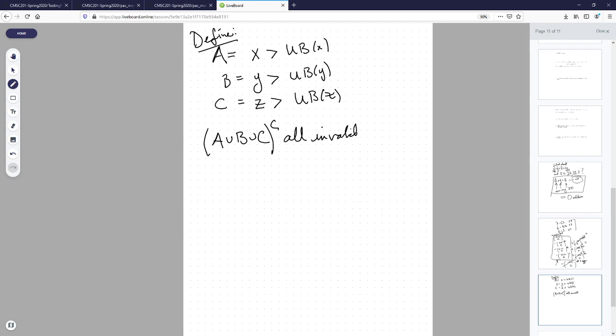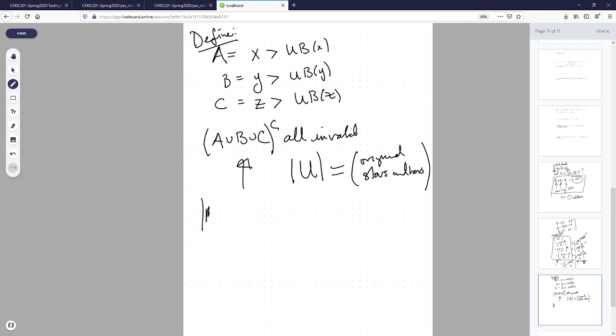So the number of total solutions, the number of things in the universe, is equal to the original stars and bars. And so what we want to do is subtract off.